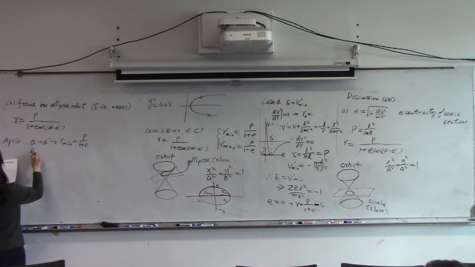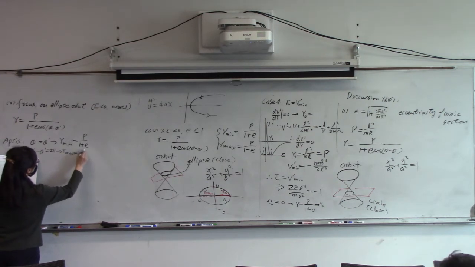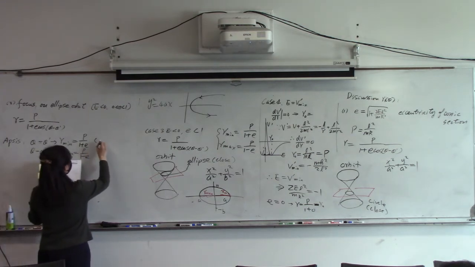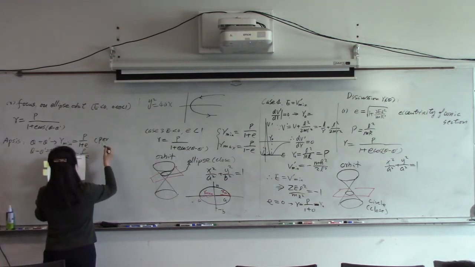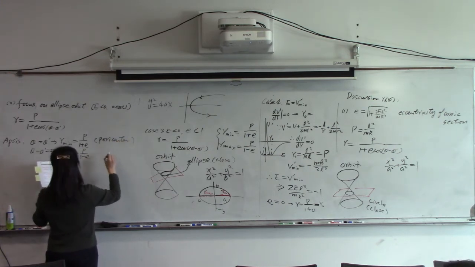Then theta minus theta prime is plus or minus pi. That gives R maximum, which is P over 1 minus E, right? So we call this the other apsis, the far center.